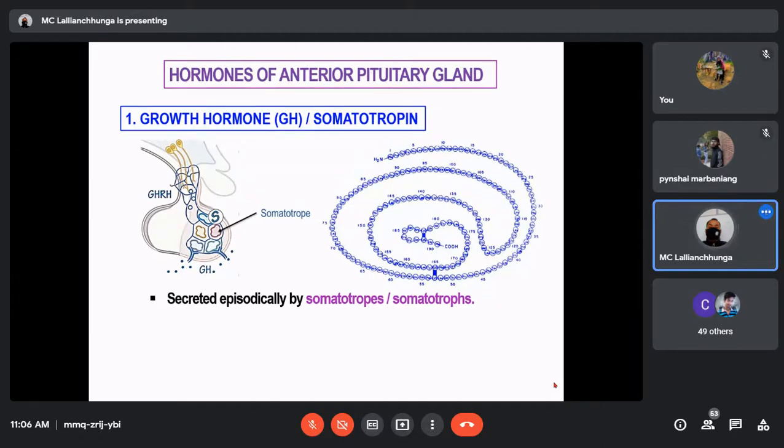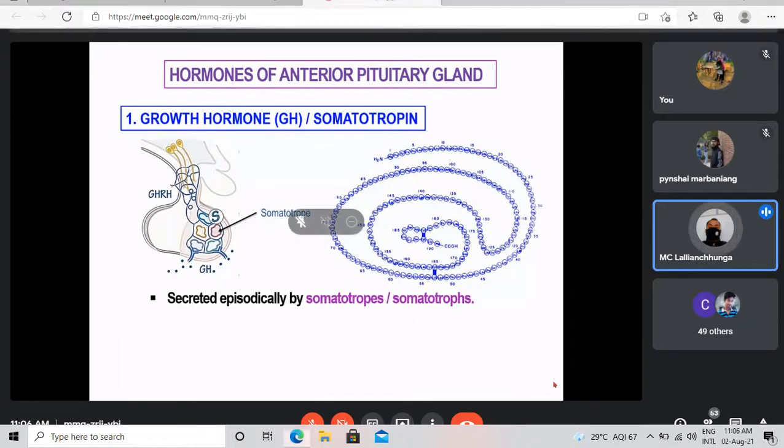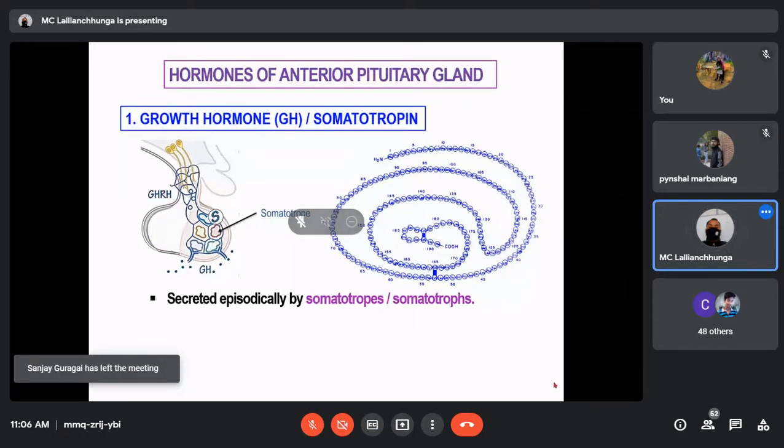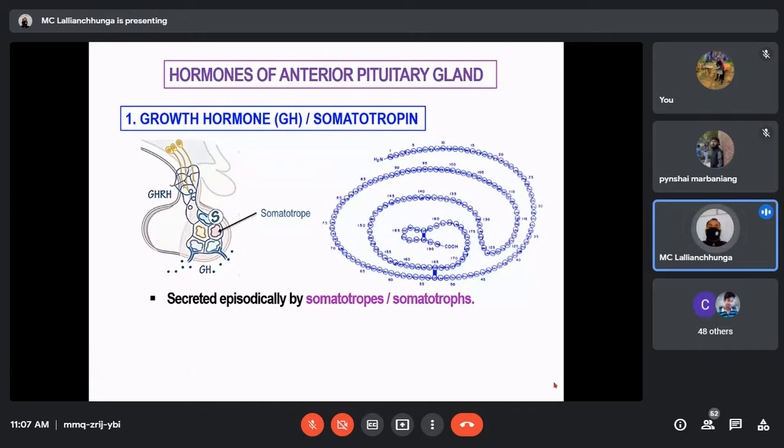That means the secretion increases, comes down, goes up, and comes down again within one day. But it is not at a regular interval of time. That is why we can say it is secreted episodically.